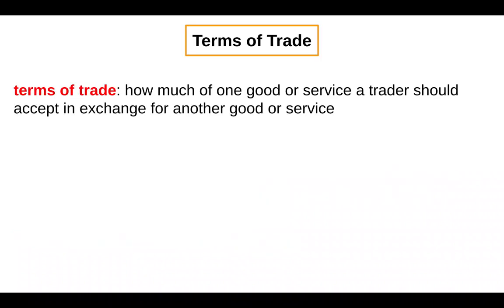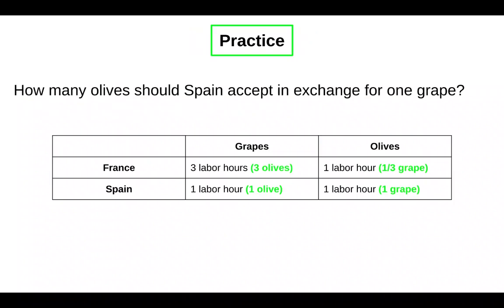All right, and then finally, let's look at terms of trade. This is how much of one good or service a trader should accept in exchange for another good or service. In other words, it's kind of like a negotiation. I'll give you one of some good that I'm producing for a certain amount of the good you're producing. So let's look at this in context.